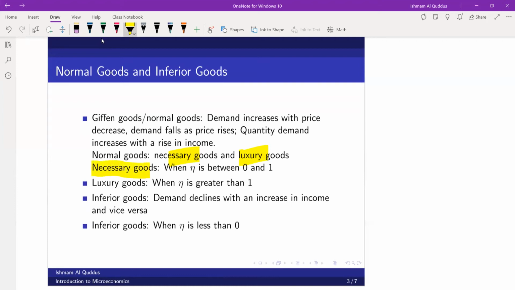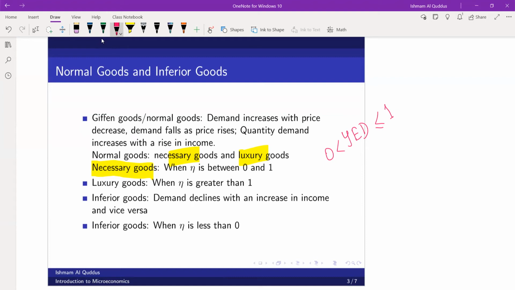Now, necessary goods. Whenever you see your YED value is between 0 and 1, that means you have a necessary good in your hand.